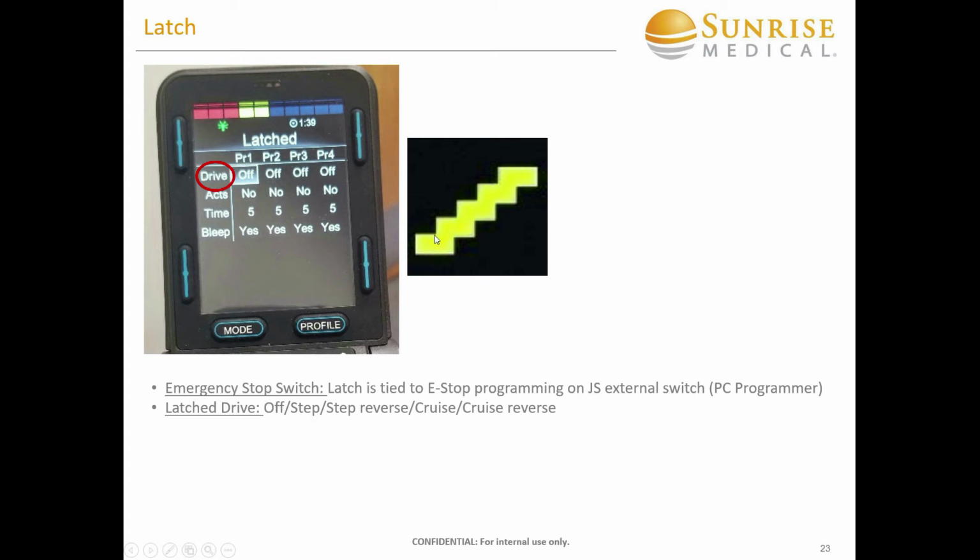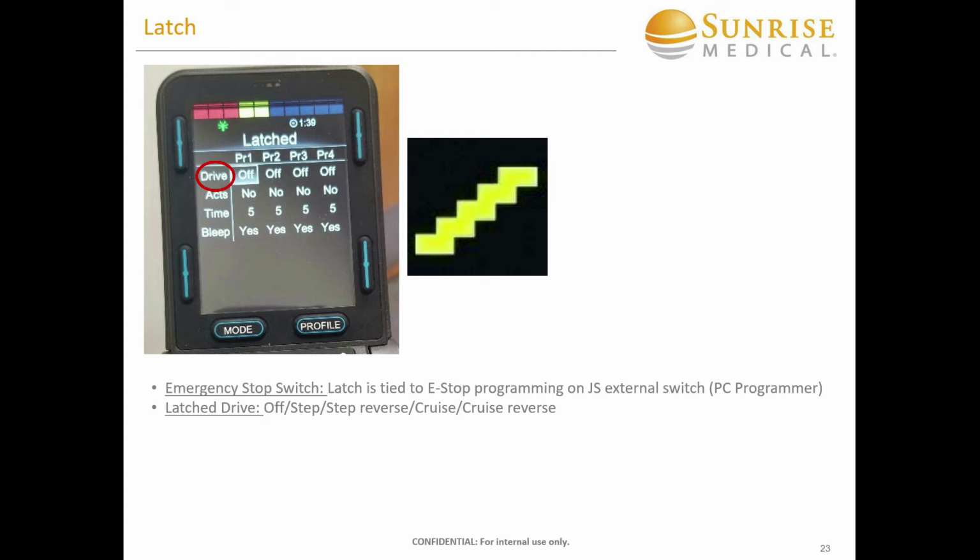Every time you touch the joystick and you move it forward, the speed will go to the next level, and you actually have 5 levels here that you can climb. And if you want to slow down a little bit, you just pull the joystick back momentarily and it'll step down to the lower one until it finally gets to off. If you hold the joystick in reverse, it'll stop the chair driving completely.